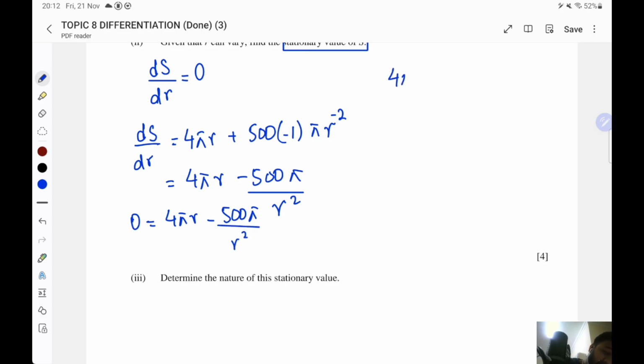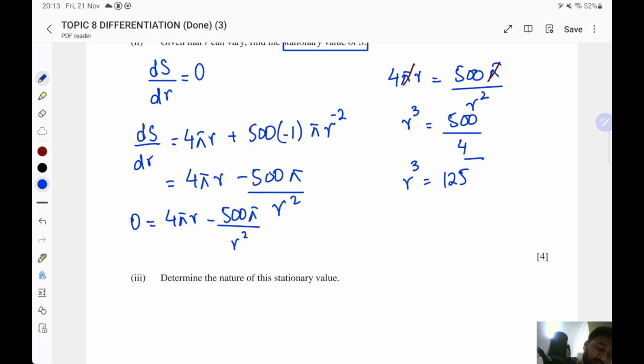So it will be 4 pi r equals 500 pi over r squared. The pi and pi cancel out. You will be left with r cubed equal to 500 divided by 4, which is 125. If you take the cube root on both sides, the value of r is going to be 5 centimeters.